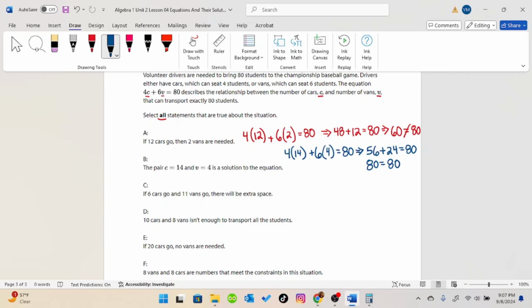This makes a true statement, so B is a correct solution.